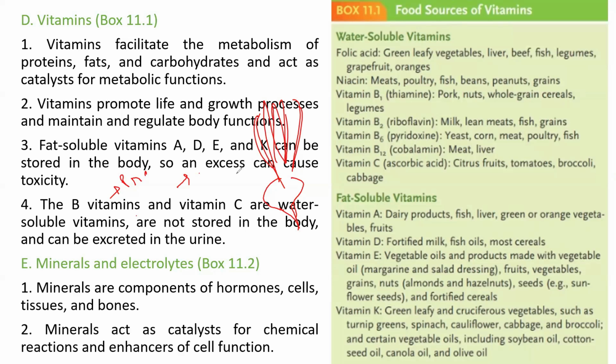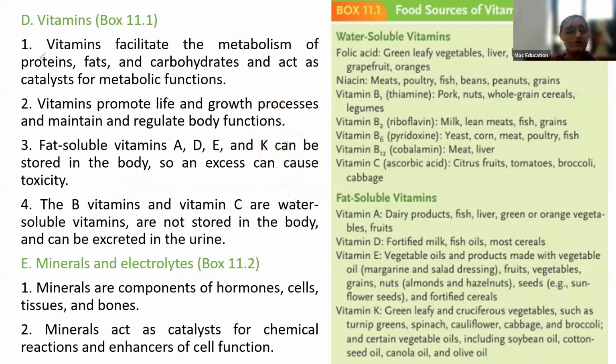So you have to remember the sources of all the vitamins, all the nutrients, macro and micro. I understand this is a bit difficult, but you still have to remember this. You must always remember the sources because you will be asked in such a manner. So try to remember all these sources.